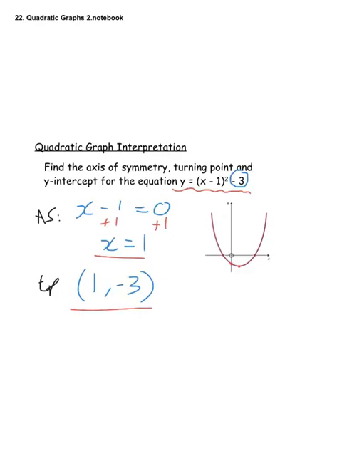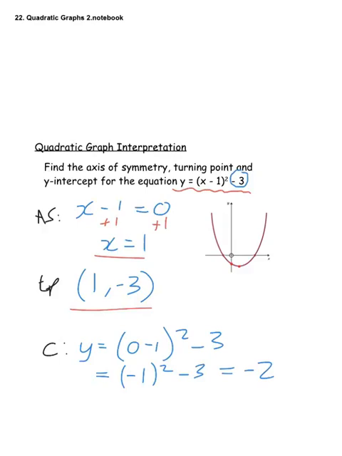The final part of this is to figure out the y-intercept, and I'm going to call that c. The y-intercept can be found by substituting 0 into the equation for x. So with 0 in place of x, we get y is equal to (0 minus 1) squared take away 3. 0 minus 1 is negative 1, so we've got negative 1 squared take away 3, which is 1 take away 3, which is minus 2.